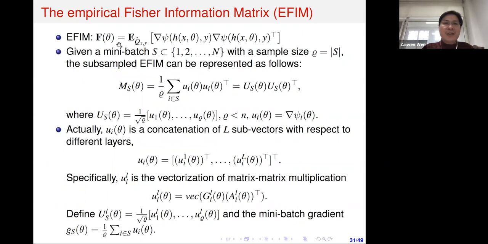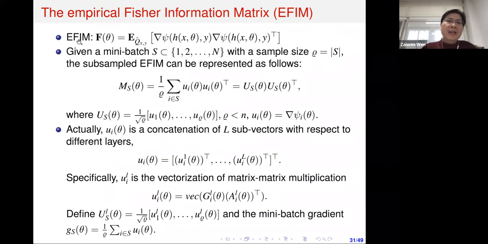So as I mentioned, there's a KFAC approximation to the Hessian matrix, right? So KFAC approximates the inverse directly by using a Kronecker approximation to the Hessian matrix. Here we compute the inverse from another perspective.